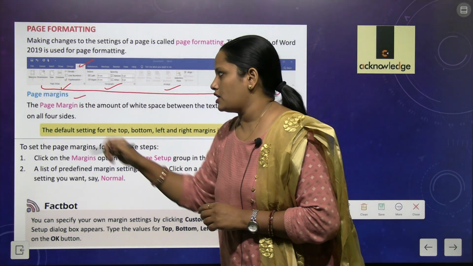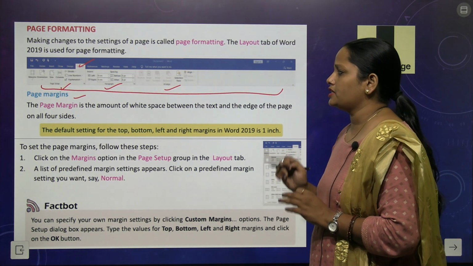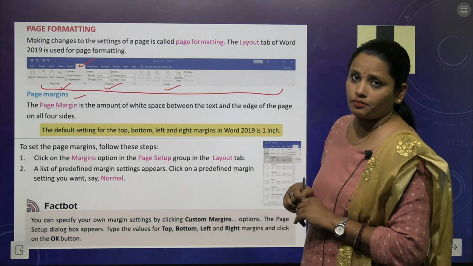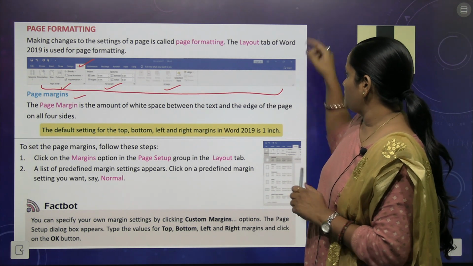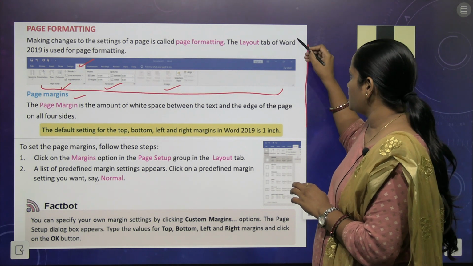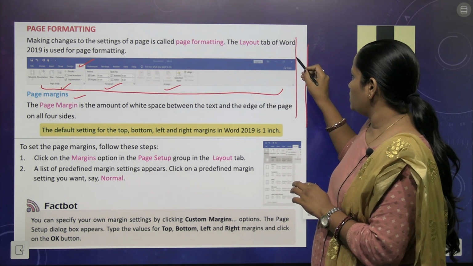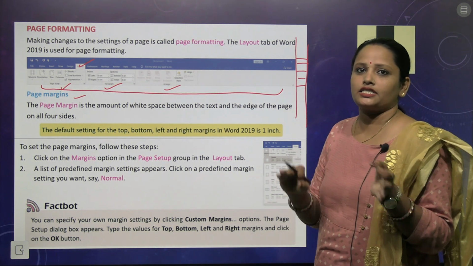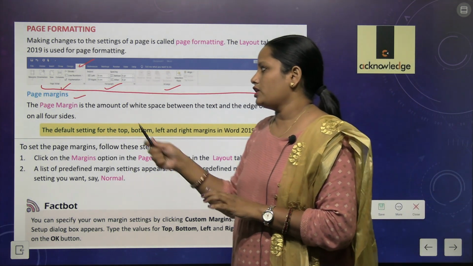Next is page margin. The page margin is the amount of white space between the text and the edge of the page. As I told you, this is the edge of my page, and this is the content written. So this is the space that is left between the text and the page edge. So what is page margin?